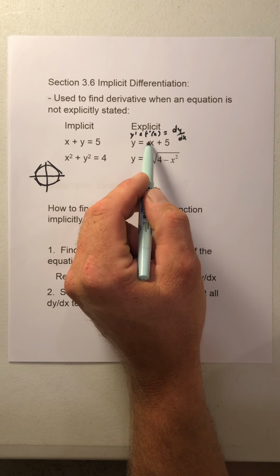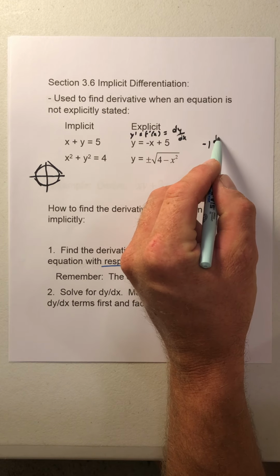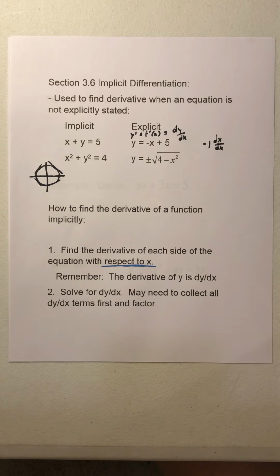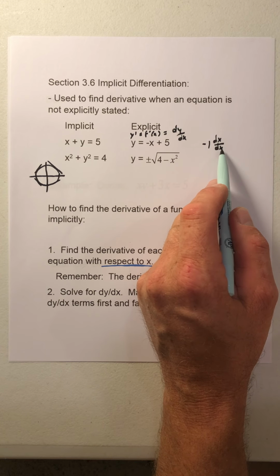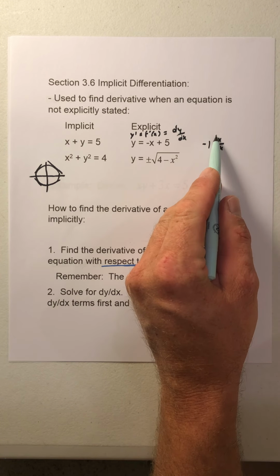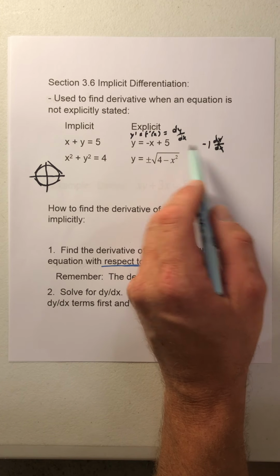Derivative of the other side, negative x. The derivative of negative x was negative 1. We took the derivative of x with respect to x. Well, dx changes at the same rate, so we know that's just going to reduce to a 1. So we get a negative 1.